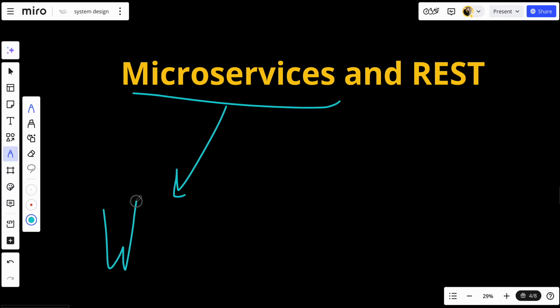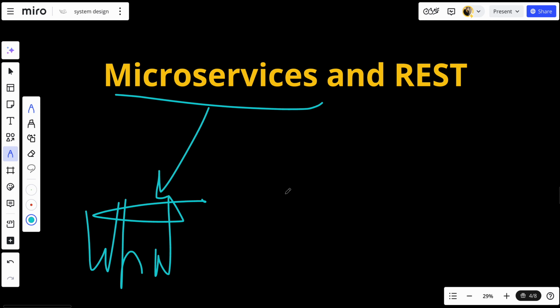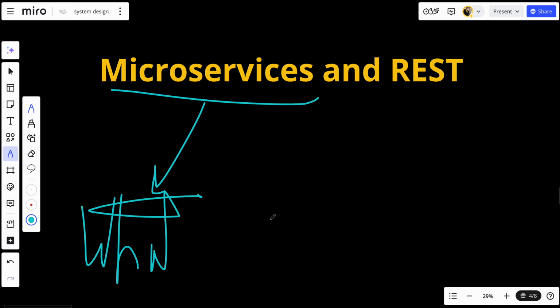First, what is microservices? A microservice architecture breaks down an application into smaller, more manageable, independent services, and each can handle a specific function.